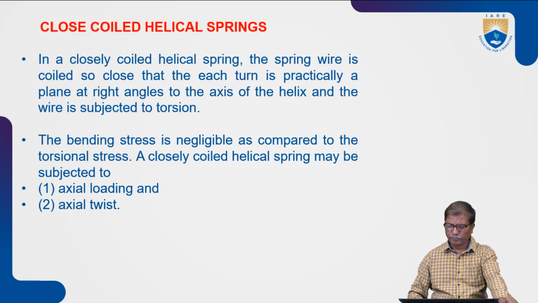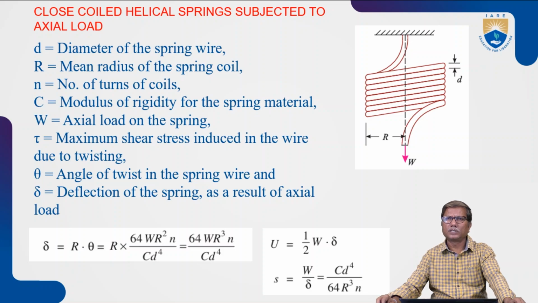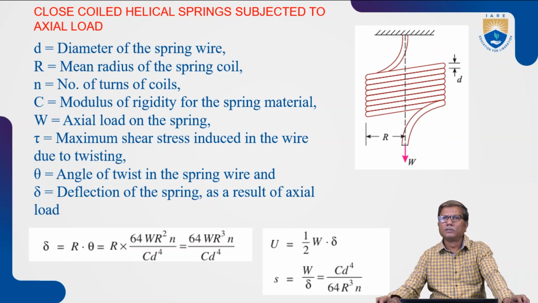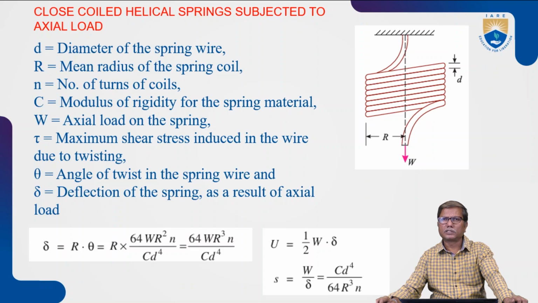So first case, axial load. When a closed coil helical spring is subjected to axial load, what will be the deflection and what will be the strain energy stored in that, we'll see.